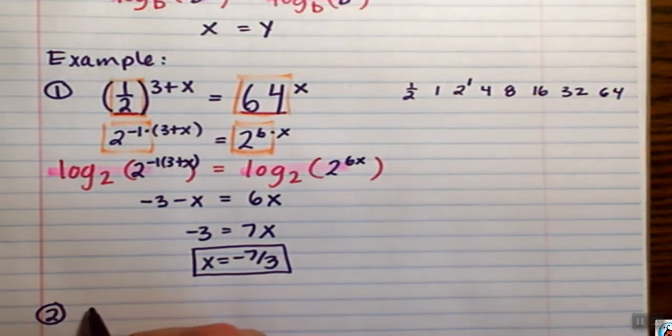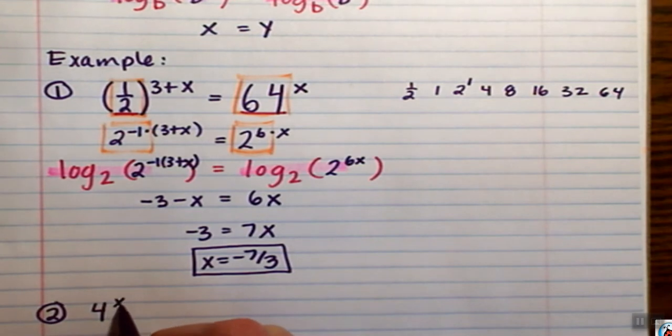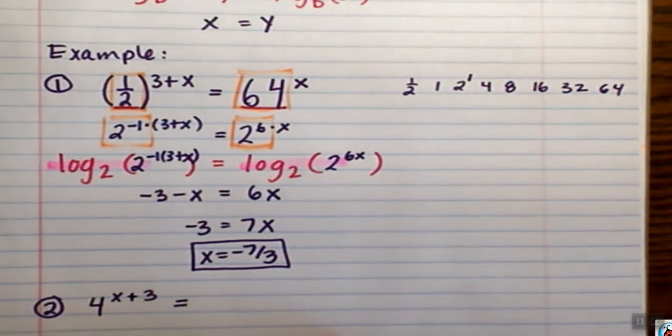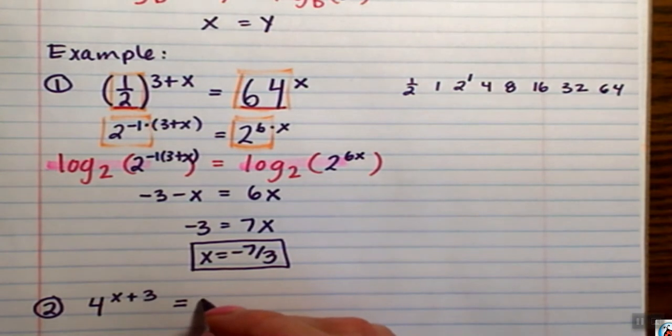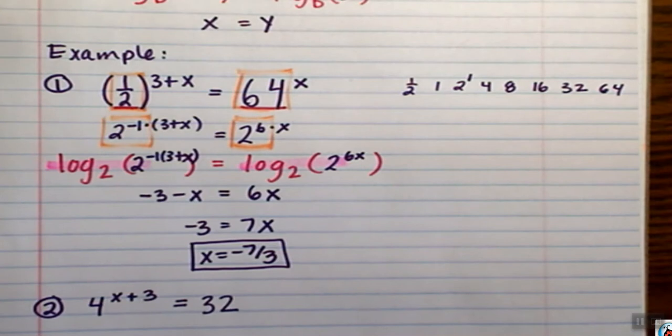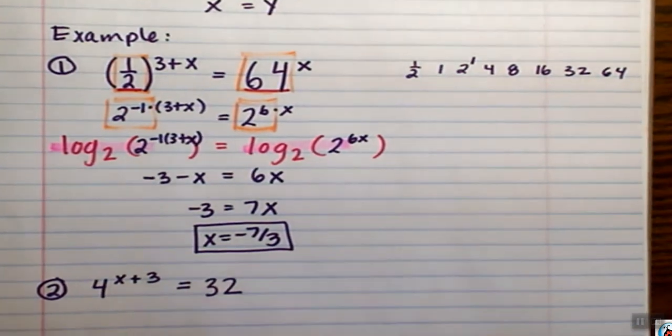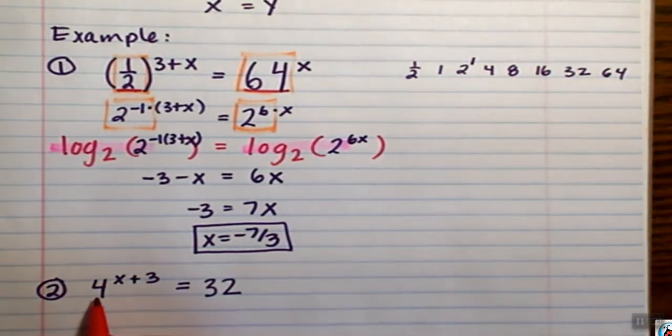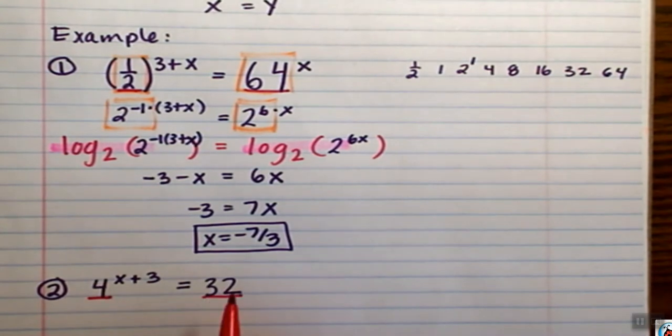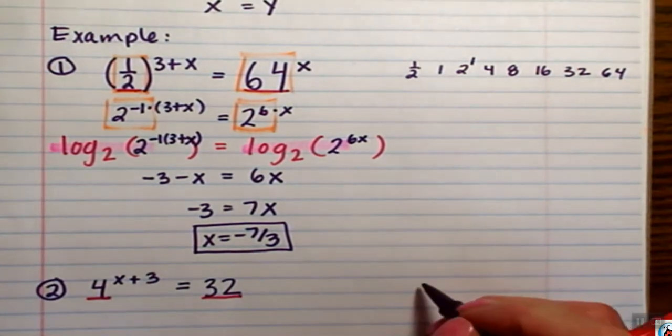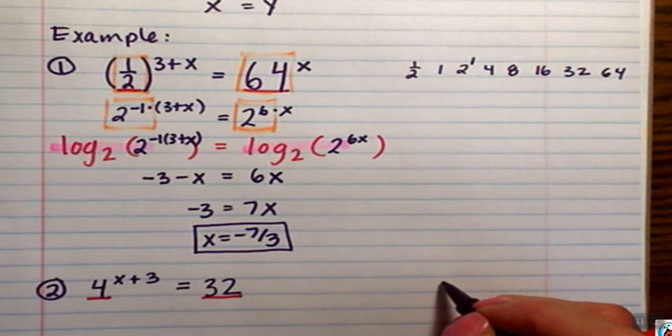Okay, let's do a second example. Let's try 4 to the x plus 3 equals 32. Okay, so I first notice that I have the base of 4 and 32. So again, I'm thinking of my powers of 4.